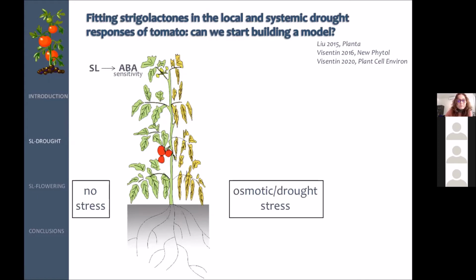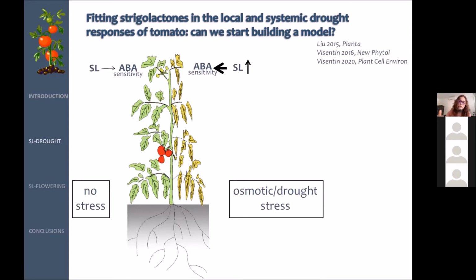So we and others have demonstrated that when strigolactones are compromised in signaling or synthesis, the plant is oversensitive to drought. And consistent with a positive role in the acclimation to drought, it is proven that during an osmotic stress event, transcription of the genes in the leaves followed by synthesis of strigolactones will go up.